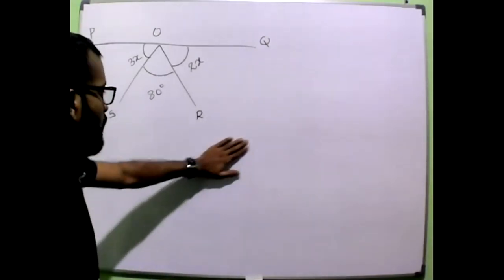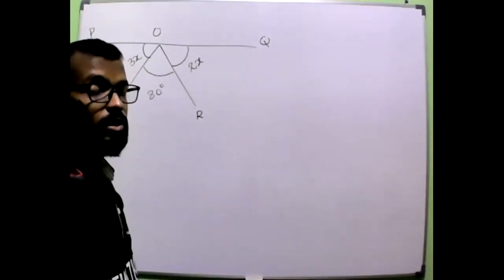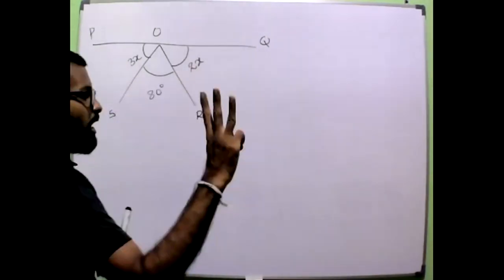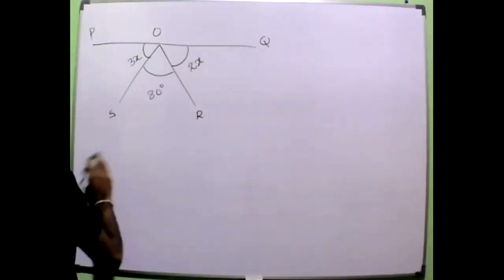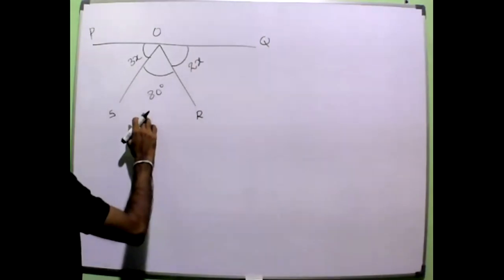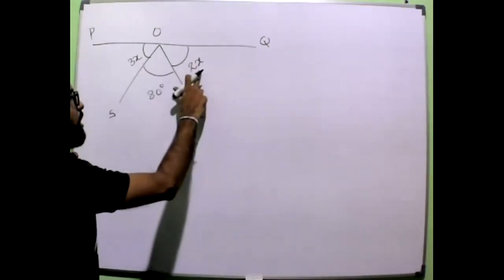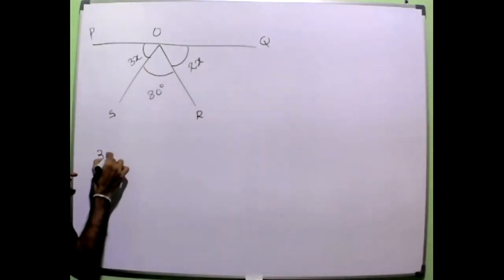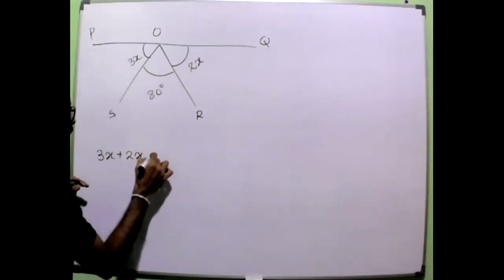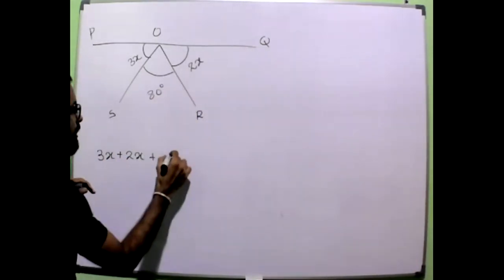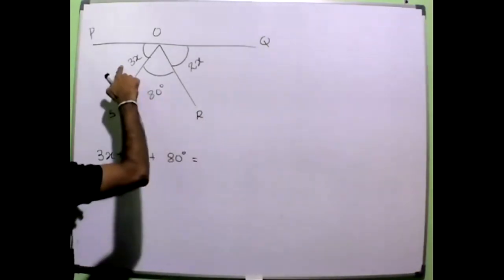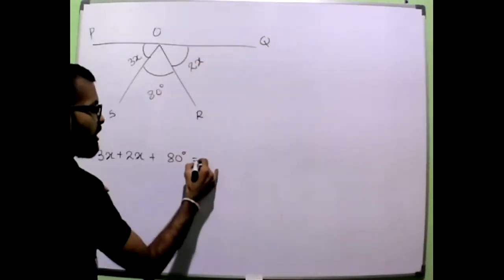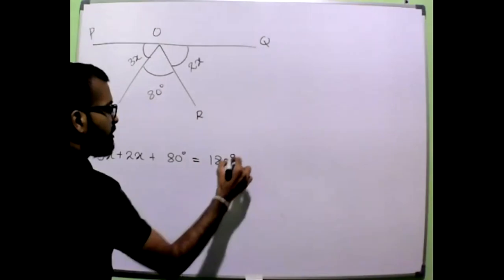So, like I previously said, do what you know. Now here there are 3 angles. I am going to write it down like this. Here I have 3x, here I have 2x. I am going to write these two first because I have to find the value of x. 3x plus 2x plus 80. 3 angles on a straight line, 180 degrees.